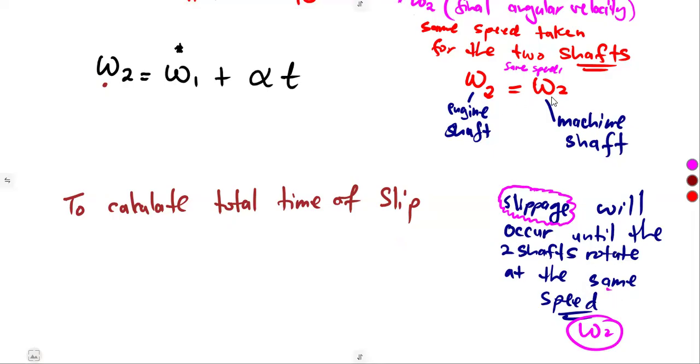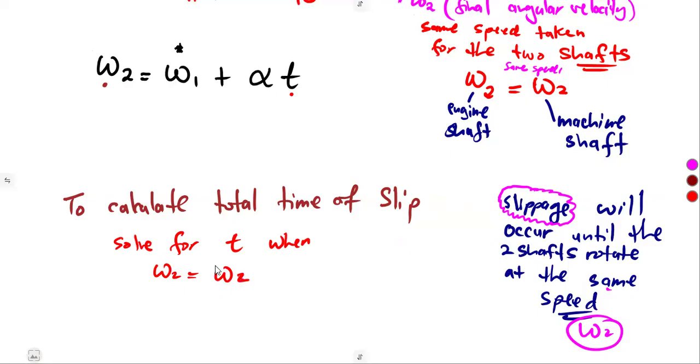So when they have the same speed, that's when we can solve for t, because it's an equation. Remember, omega 2 is in terms of t. So you simply have to solve for t when omega 2 is equal to omega 2.